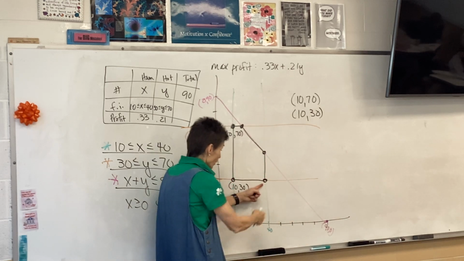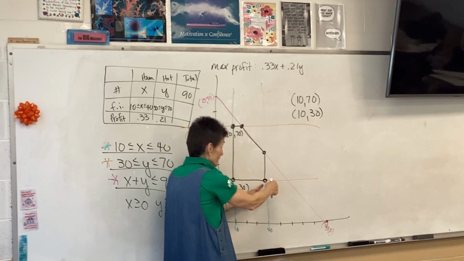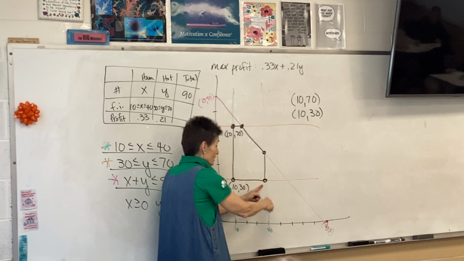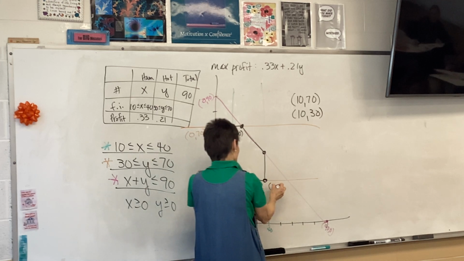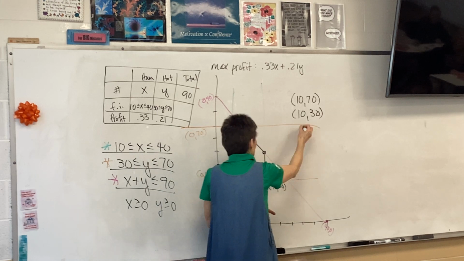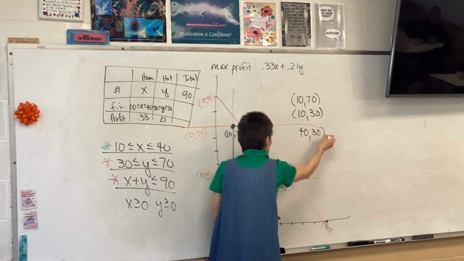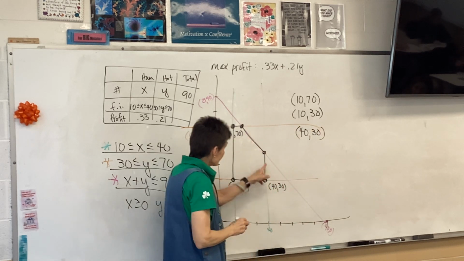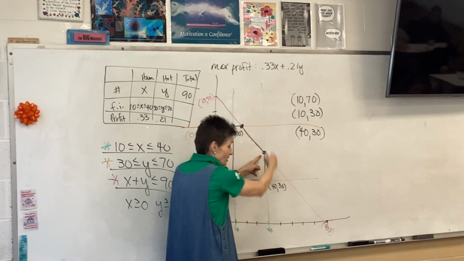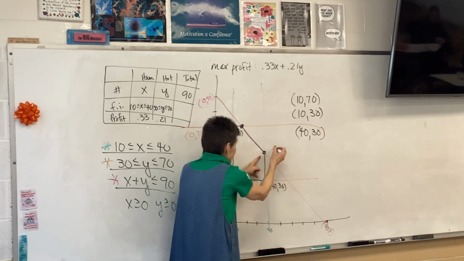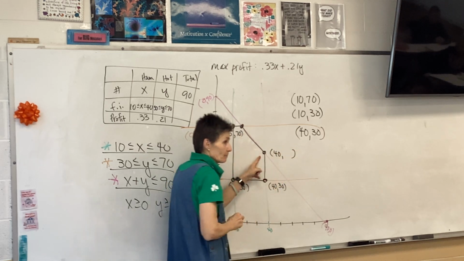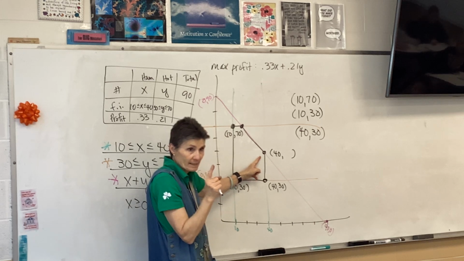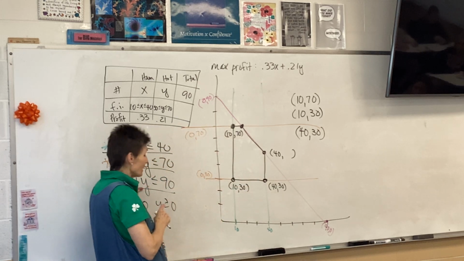This one is on this green line and that orange line. So what's this one? 40, 30. Now look, isn't this point also on this green line? So its X is also 40, but it's on the pink line. And what do we know about the pink line?